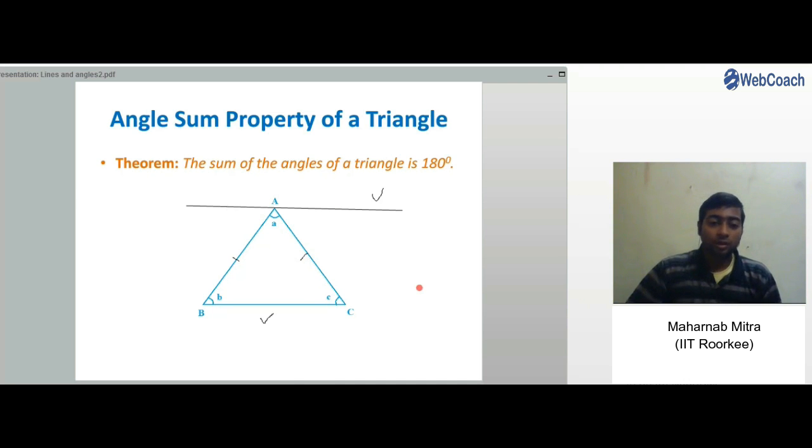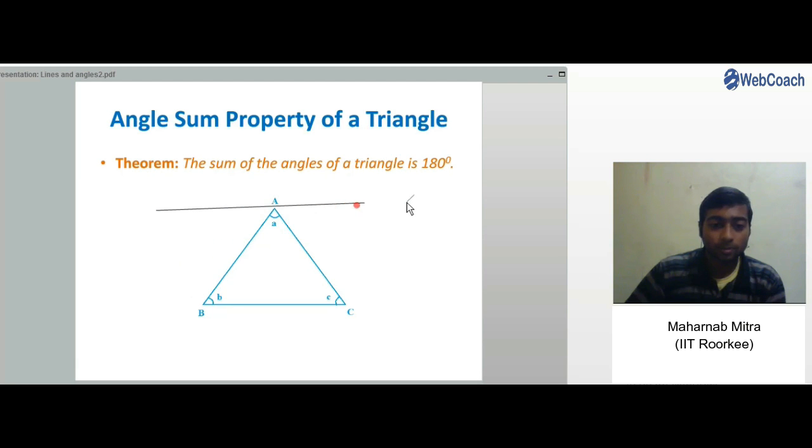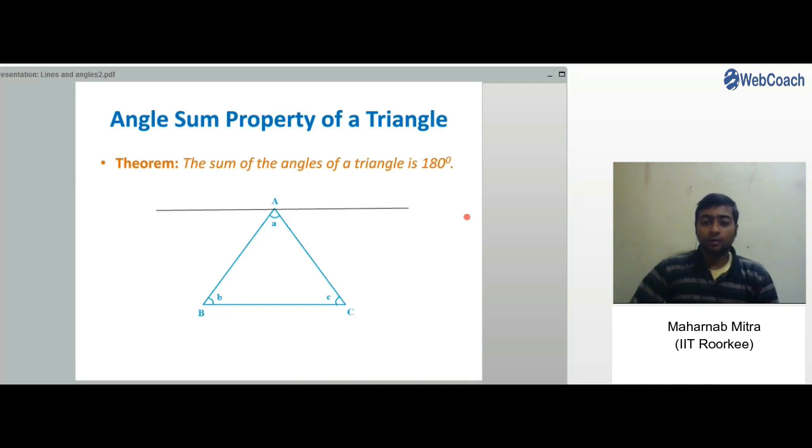So let us take our first transversal, which is AB. So you can see angle B must be equal to this angle, right?